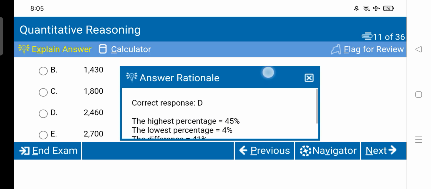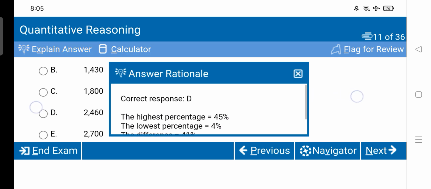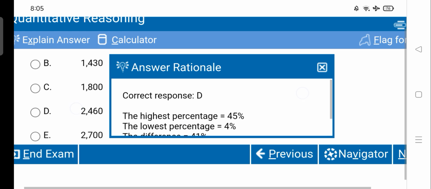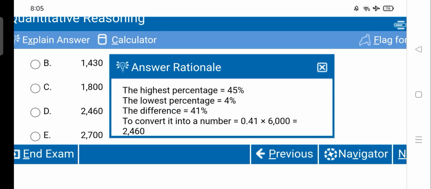So the correct response is option D, that the highest percentage equals 45% and the lowest percentage equals 4%. The difference equals 41%.